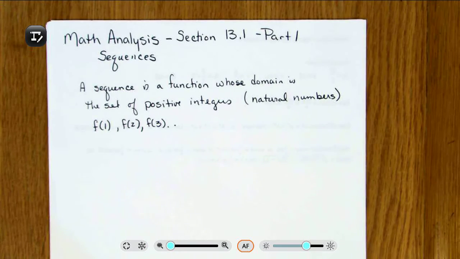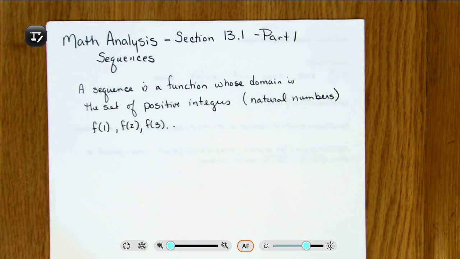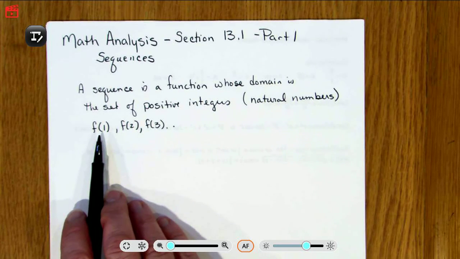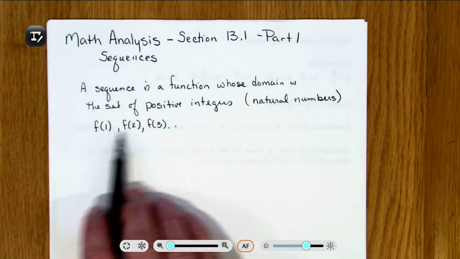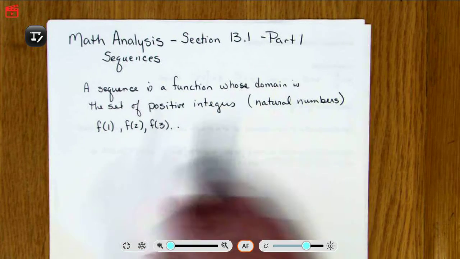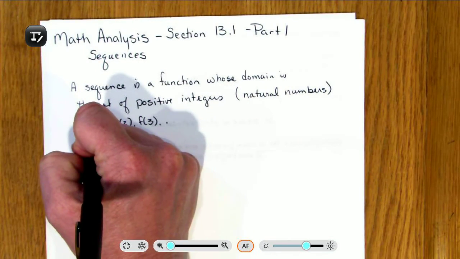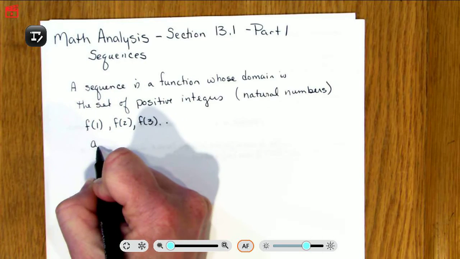We'd have basically a bunch of dots if we were going to graph this. Instead of writing this notation, and it's basically a list of numbers in order, we kind of just list them. We like to use lowercase letters, and we like to put a little subscript on there.